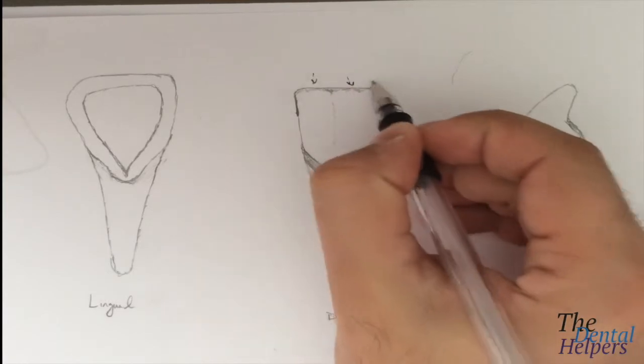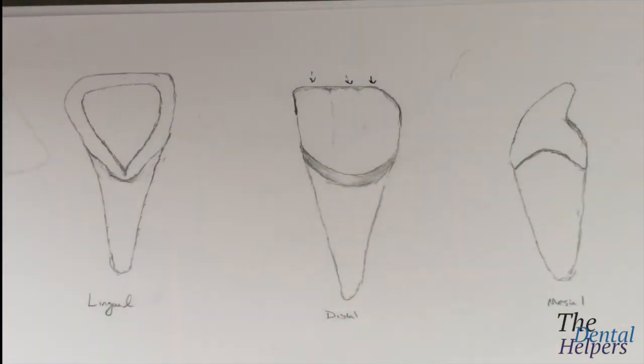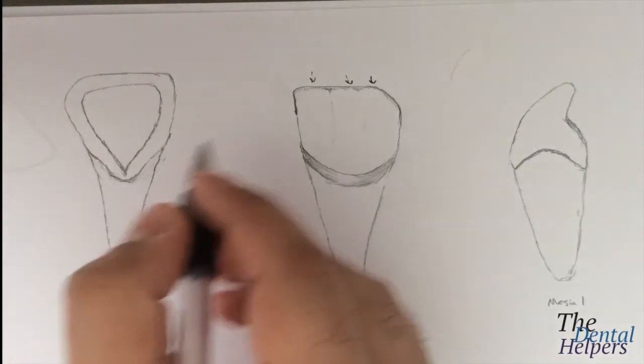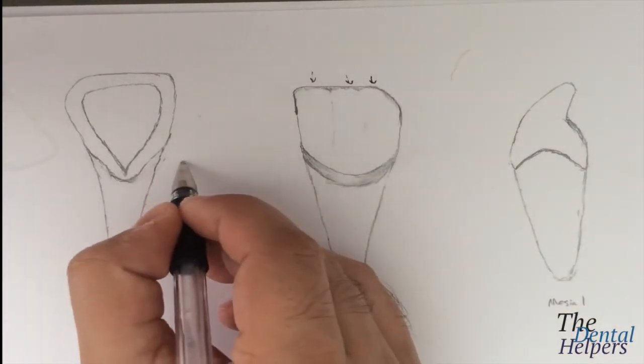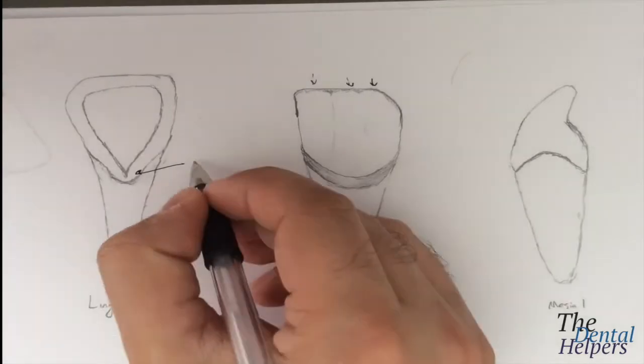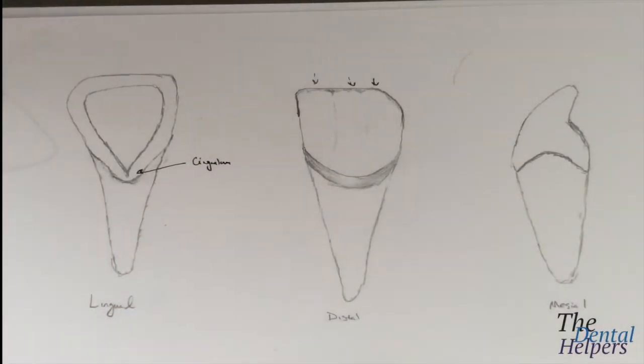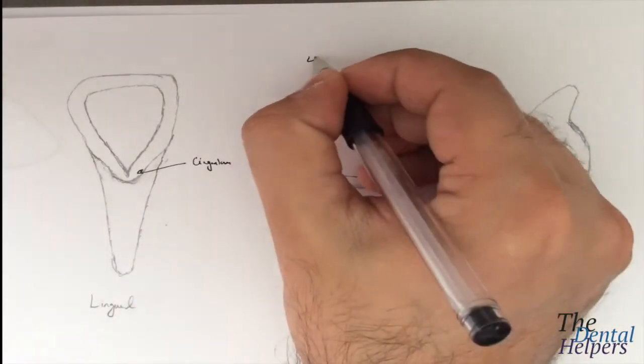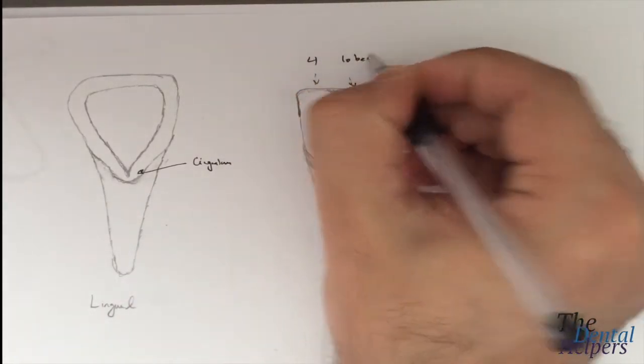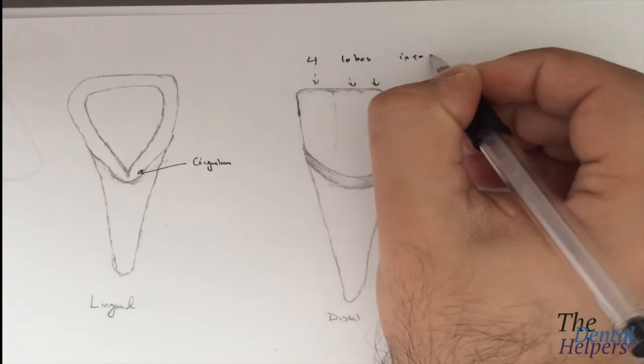So they're right here basically. And typically incisors have four lobes to consider: three from the mamelon and one from the cingulum. So just remember that it's four lobes in total.